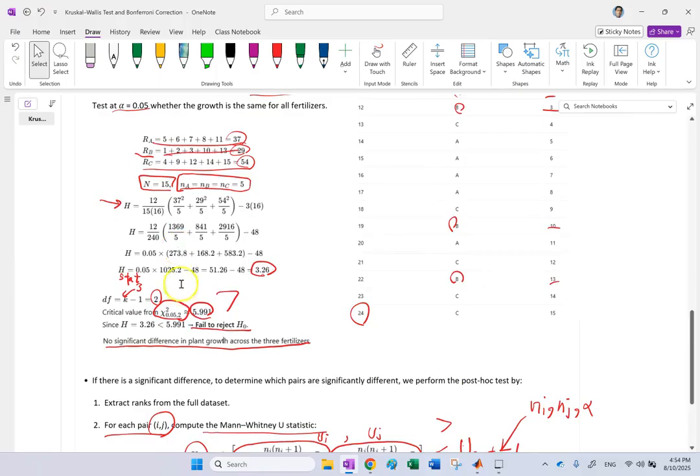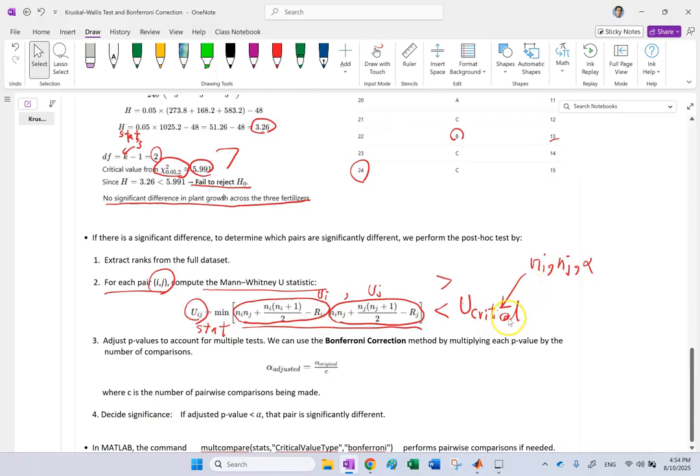In this case, since my H stat was less than H critical, I failed to reject. But as I said, the U test is kind of the opposite. Okay? So I can do a Mann-Whitney U test on each pair, and I'm going to compare them one by one, right?